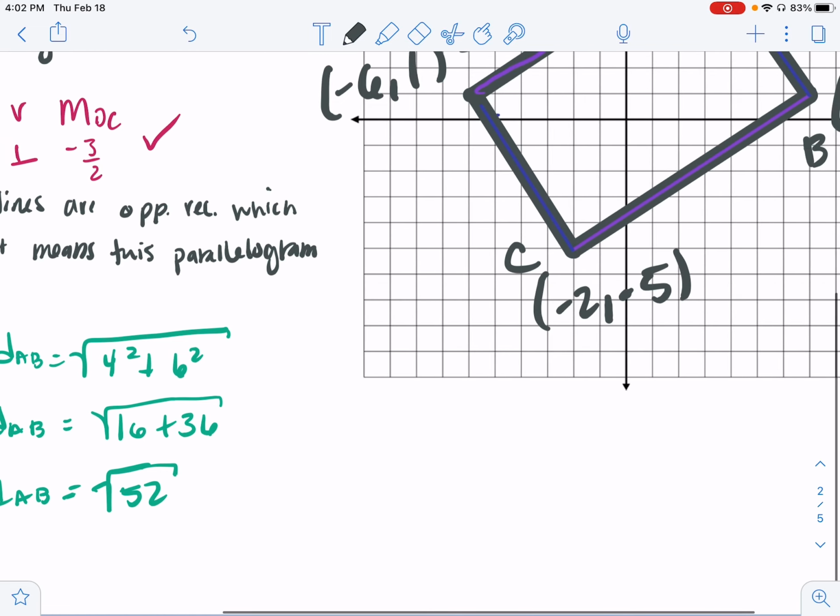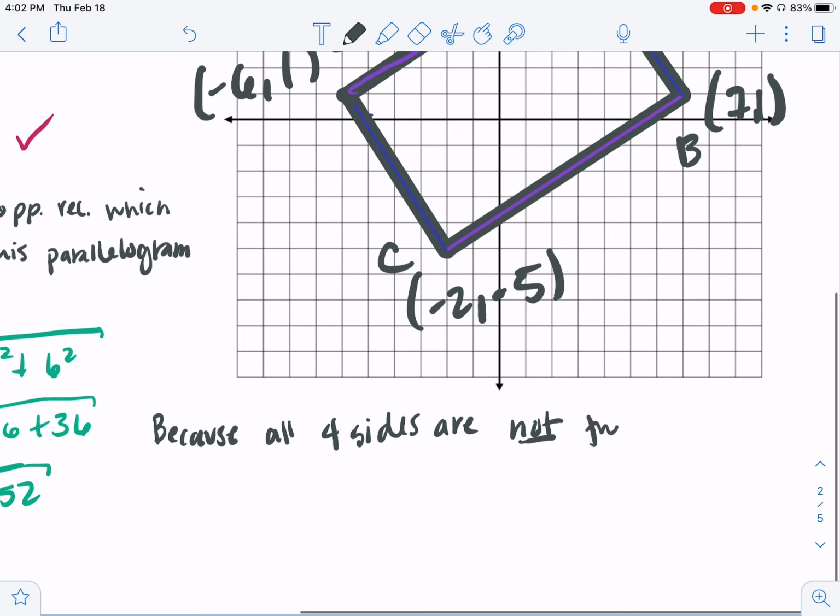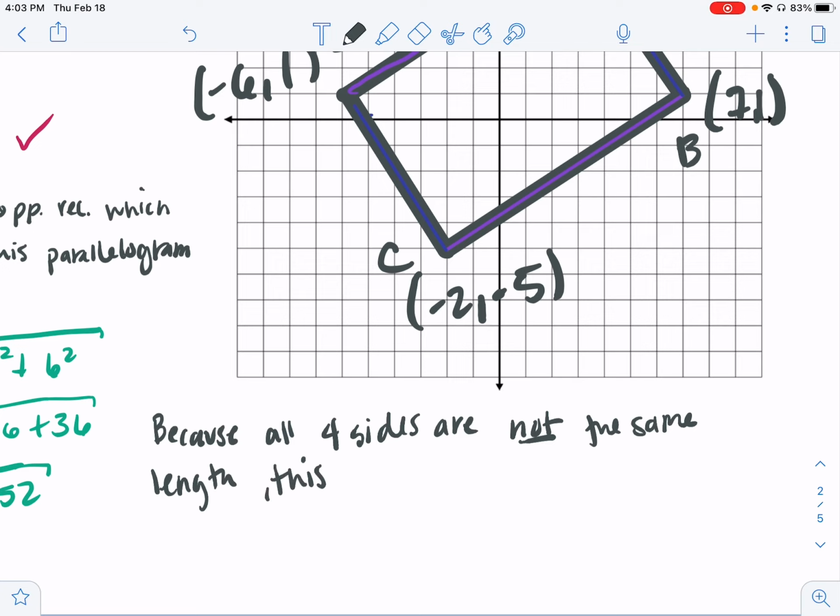They're not the same. So my last statement would be, because all four sides are not the same length, this is not a square.